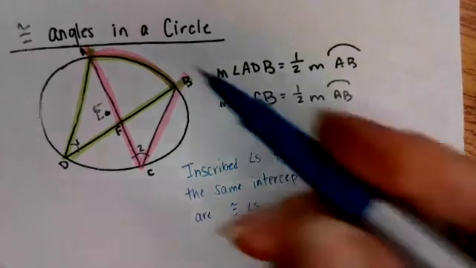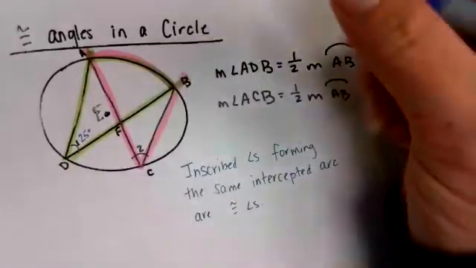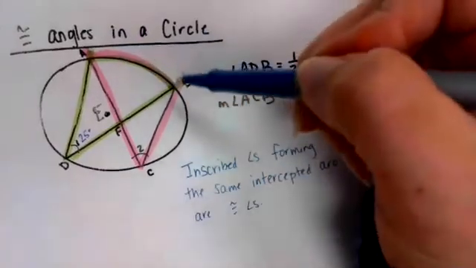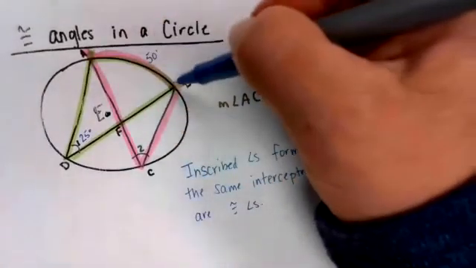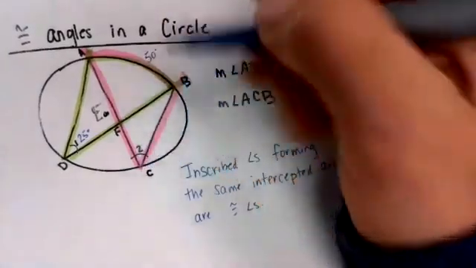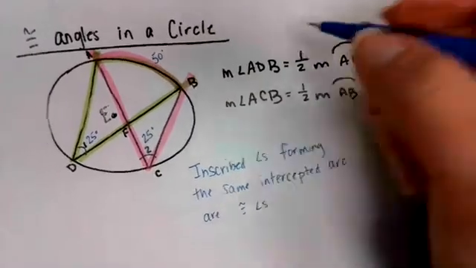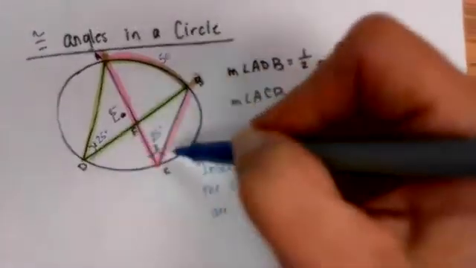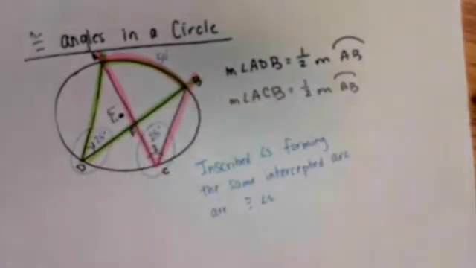So let's say this angle is 25 degrees. That means this intercepted arc AB is twice that, 50. All right, if this arc is 50, then this inscribed angle is exactly half that, 25 degrees. So if you're intercepting the same arc with inscribed angles, you'll know that the angles can be equal to each other.